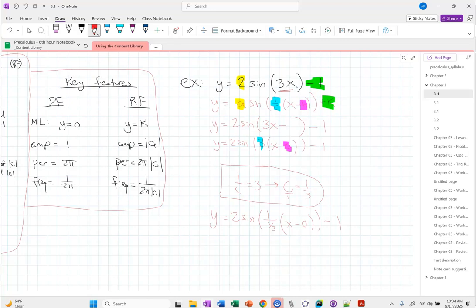So I can say 2 sine of the quantity 1 over 1/3 times x minus 0 minus 1.